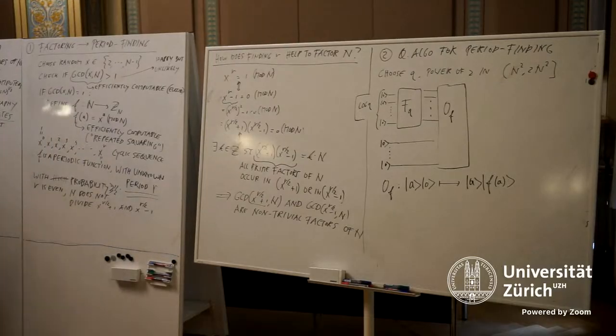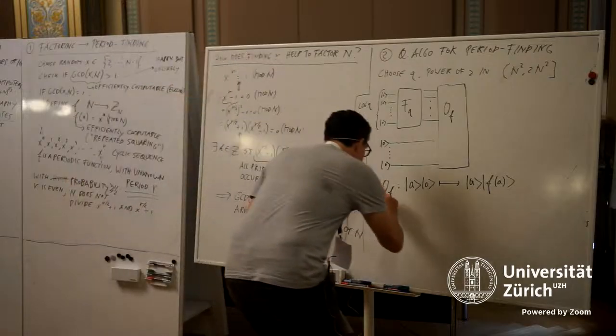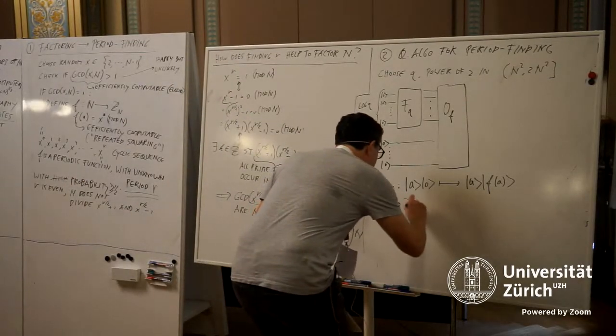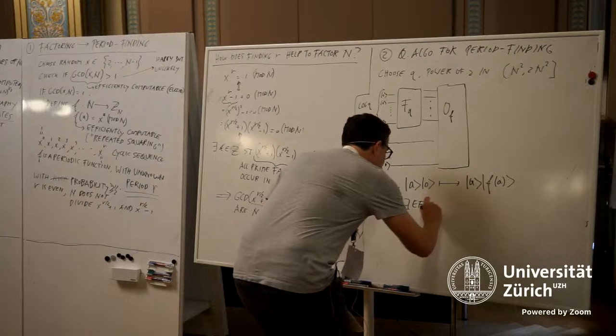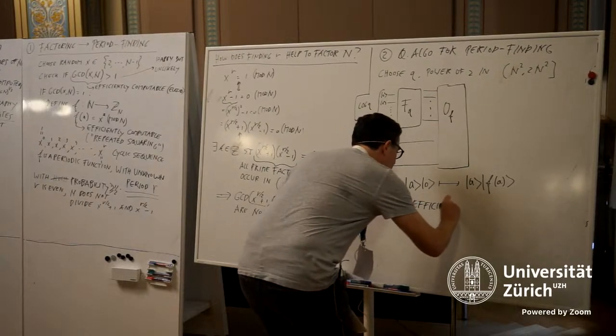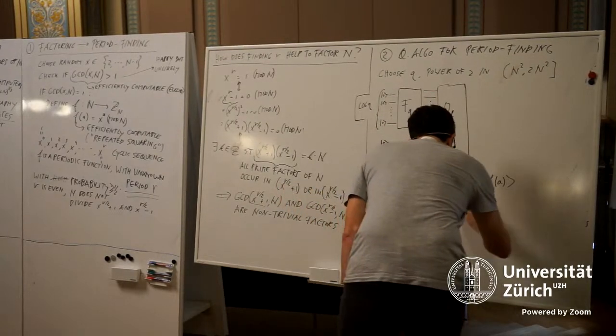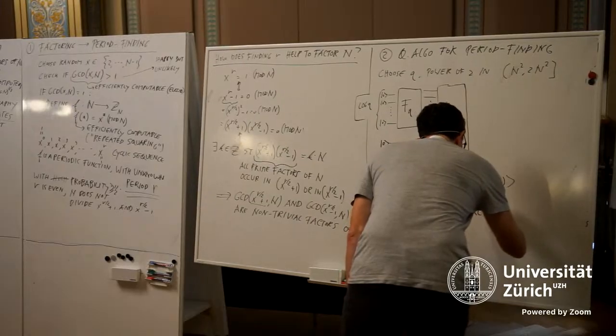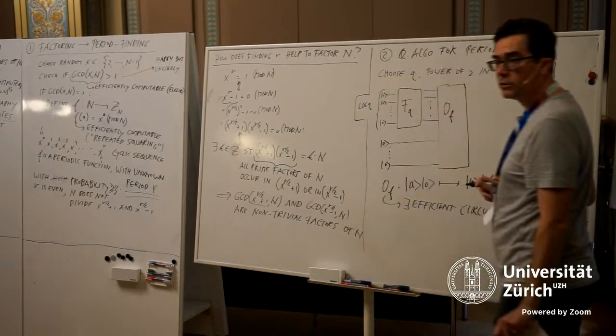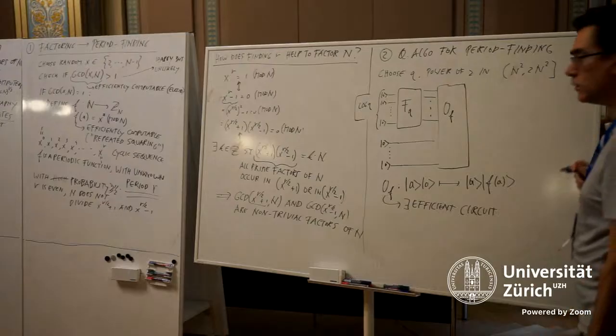And remember, this is efficiently computable, and this implies, with a little bit of massaging, that there is an efficient circuit to do this. And this is thanks to the fact that you can just do modular exponentiation with the so-called repeated squaring trick that you can ask me about in the break if you want to know.